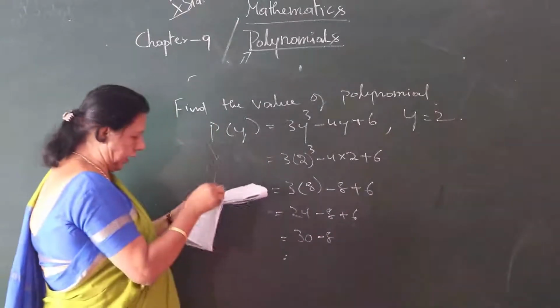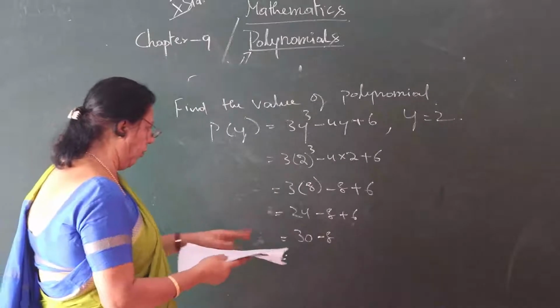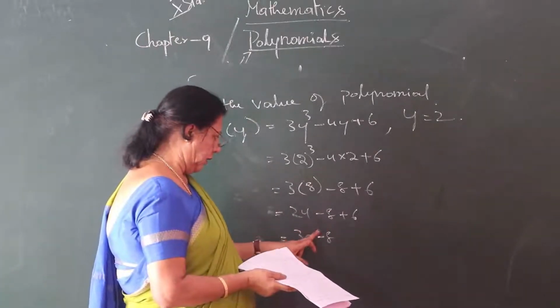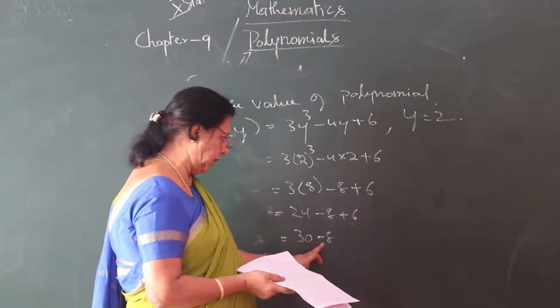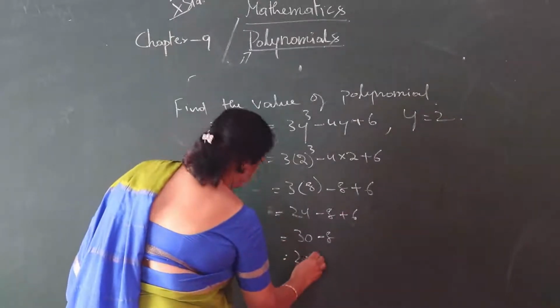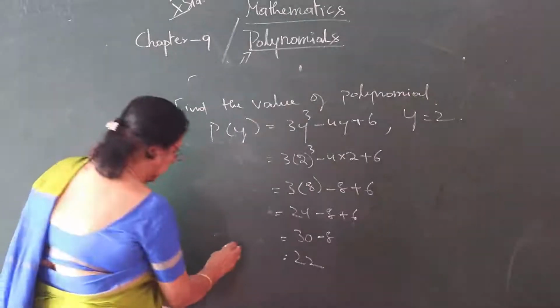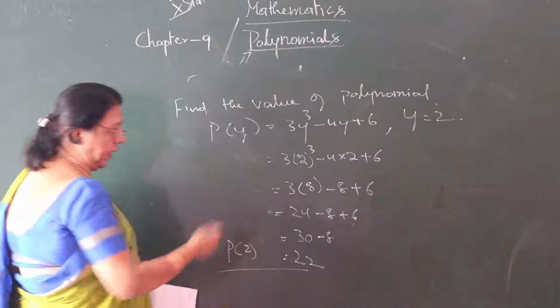So what do you get as the answer? 22, 24 plus 6 is 30, minus 8 is 22. Correct? So here 22 you are getting as the answer. So P of 2 is 22. Very simple.